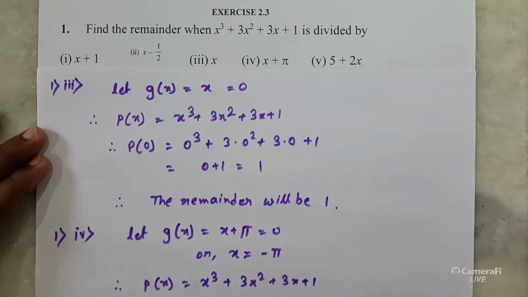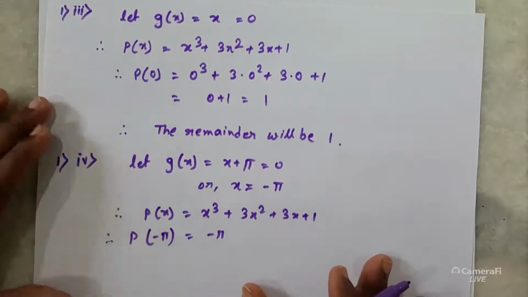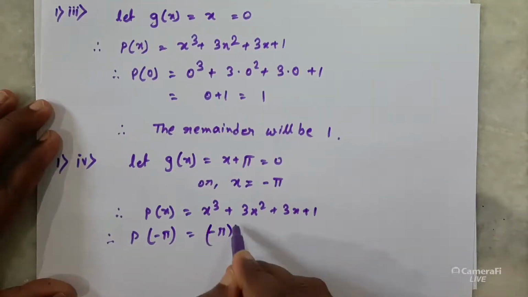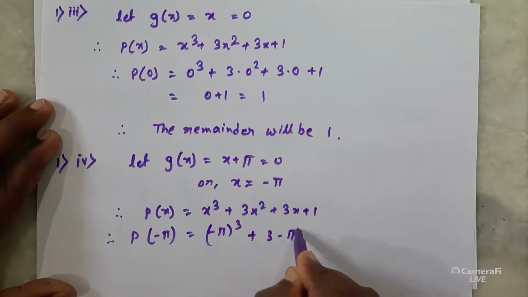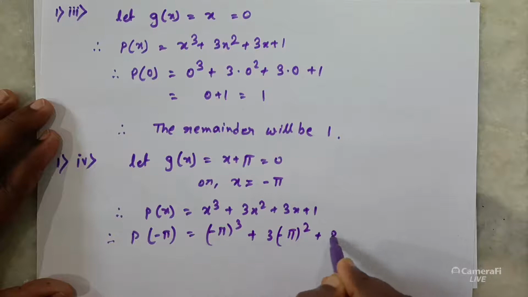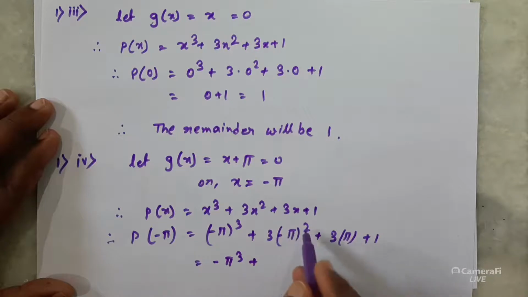Therefore P of minus pi will be equal to minus pi whole cube plus 3 into minus pi whole square plus 3 into minus pi plus 1. So minus pi whole cube means minus pi cube, then minus pi whole square means pi square, so it will be 3 pi square minus 3 pi plus 1.